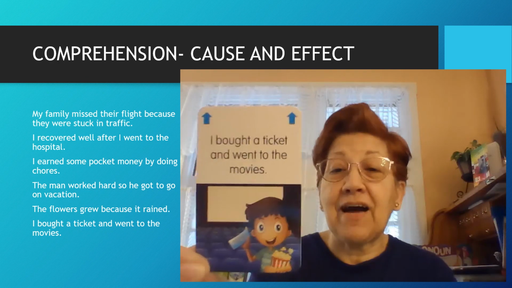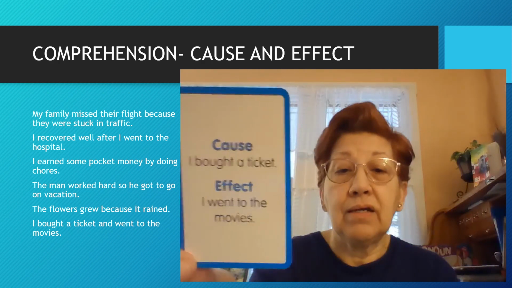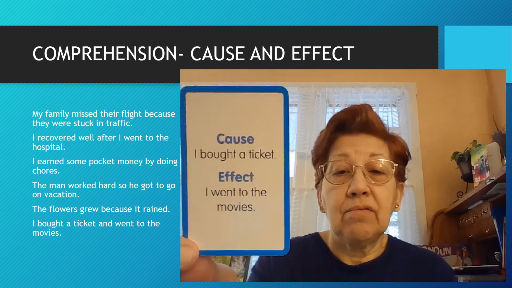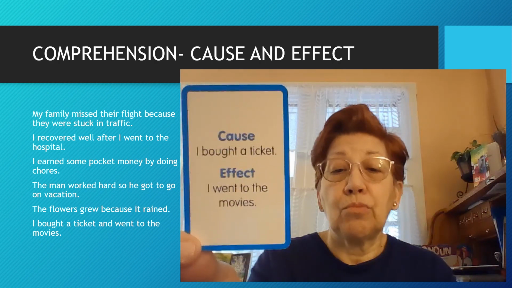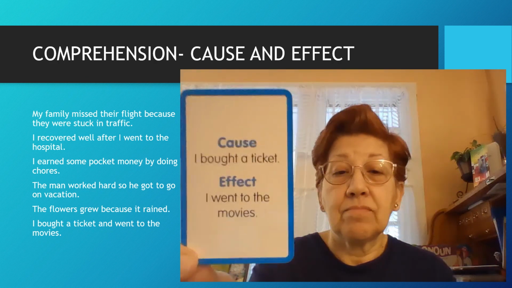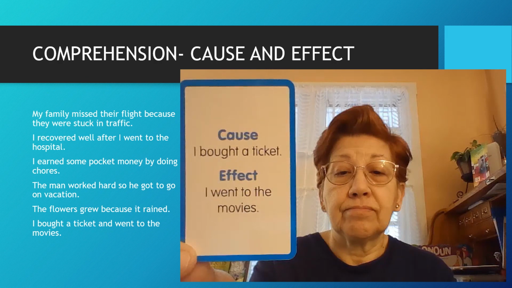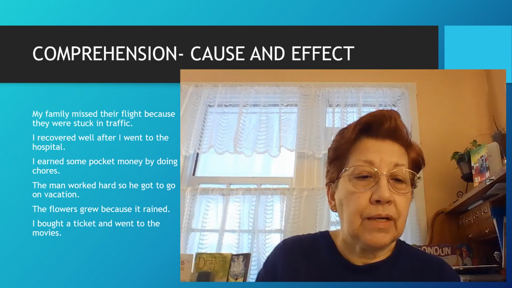So that's the effect of buying the ticket. I bought a ticket is the cause, and the effect is I went to the movies. You getting this? Excellent. Okay, next.